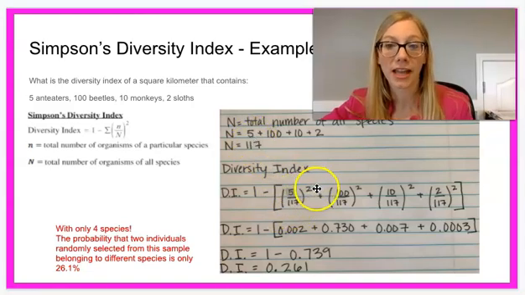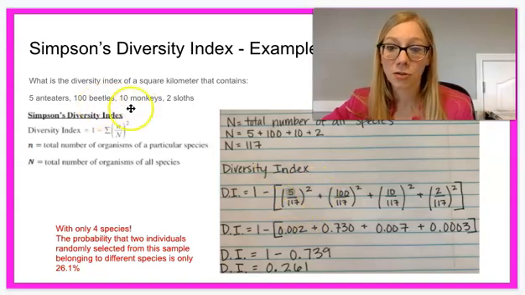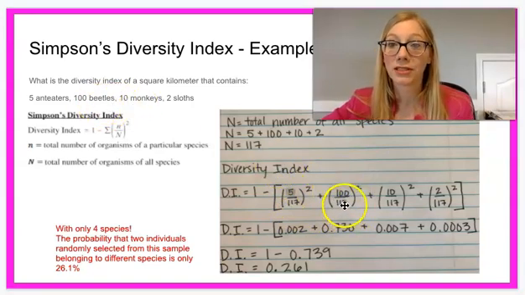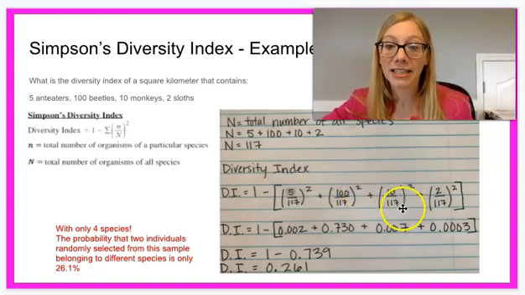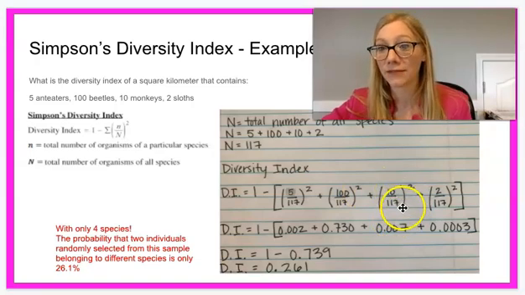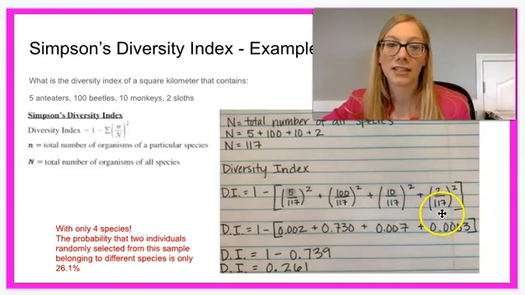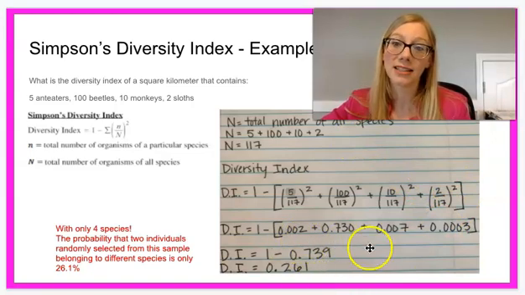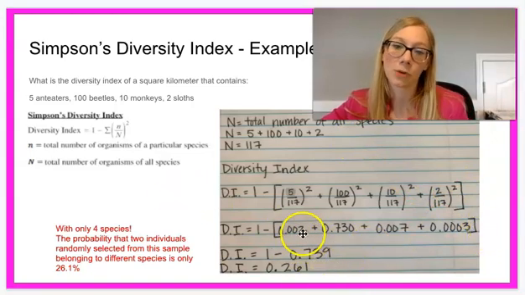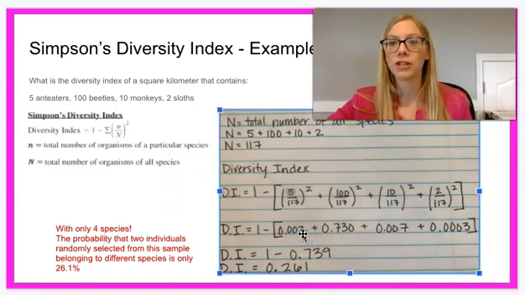I square that value, plus there are 100 beetles divided by 117. Remember, do this division first and then square it. There are 10 monkeys out of 117 total organisms, so do 10 divided by 117, then square it. And then do 2 divided by 117 for my number of sloths and square it. That'll give you lots of decimals here. Notice I left them in the brackets following our order of operations.